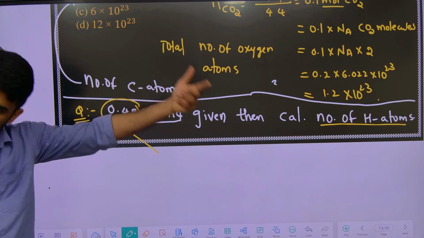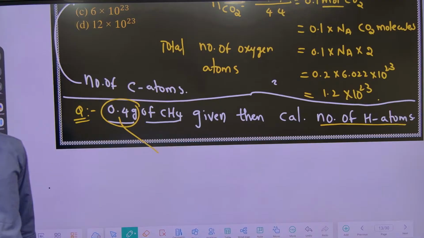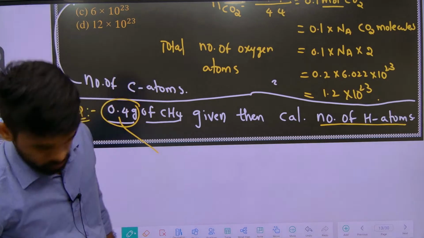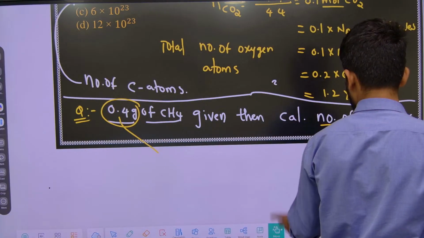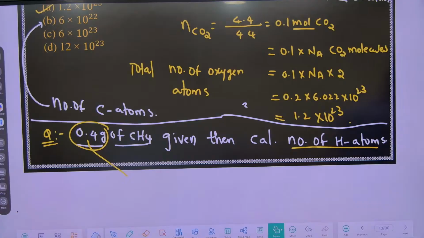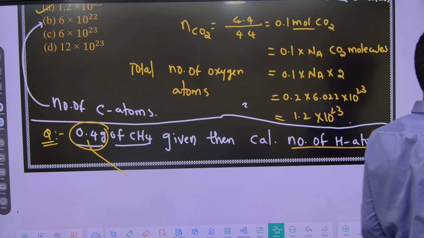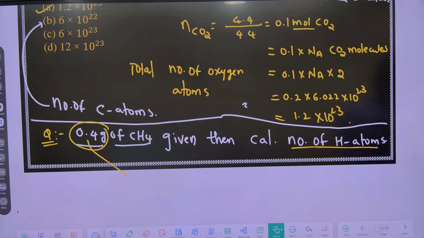Convert into atoms, I mean particles. Do this first. Why are you struggling?